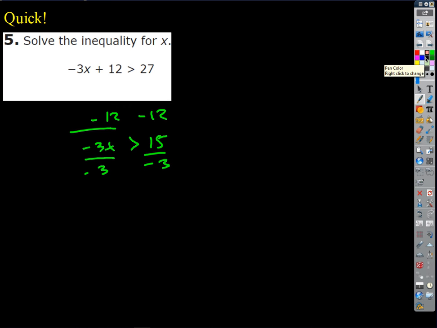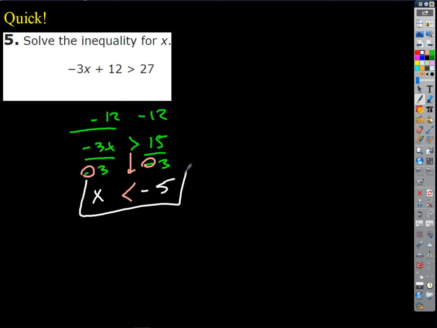Okay, there's the trick. What they're bargaining on is you're not going to remember that if I divide or multiply both sides of an inequality by a negative, that means I've got to flip that inequality around, right? So then I end up with x is less than negative 5. Okay?